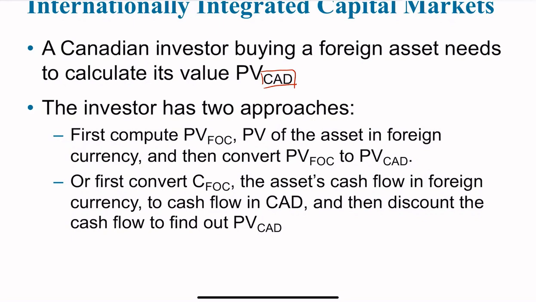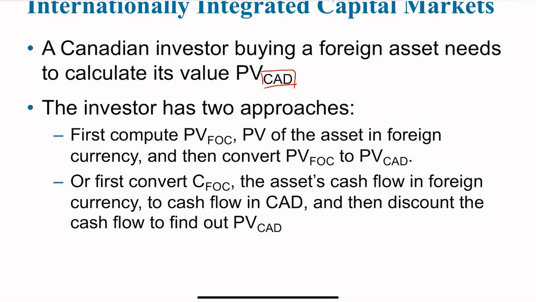Okay, so to find out the present value in Canadian dollars, the investor has two approaches. The first approach is the investor can first compute the present value of the asset in foreign currency, right? And then the investor can convert the present value in foreign currency to the present value in Canadian dollars.